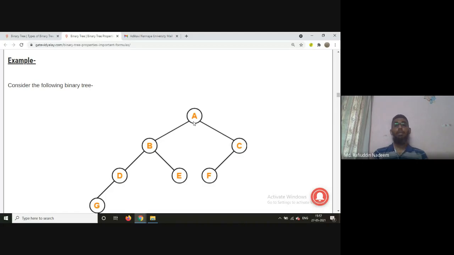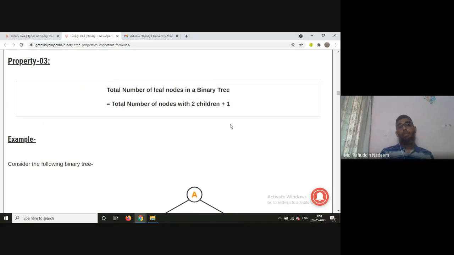A is having 2 children, B is having 2 children. So 1, 2, and plus 1 is 3. G is one leaf node, E is one leaf node, F is one leaf node. So the formula is satisfied. Again I repeat, the total number of leaf nodes of a binary tree is the total number of nodes with 2 children plus 1.